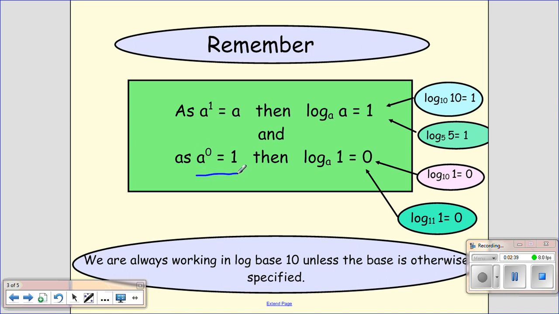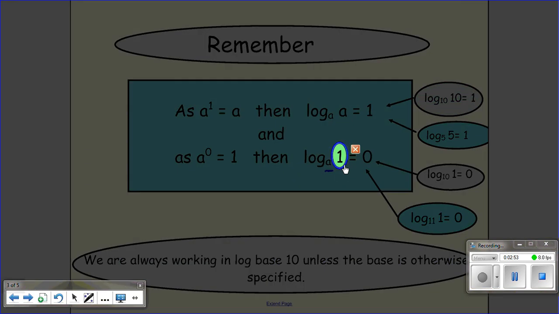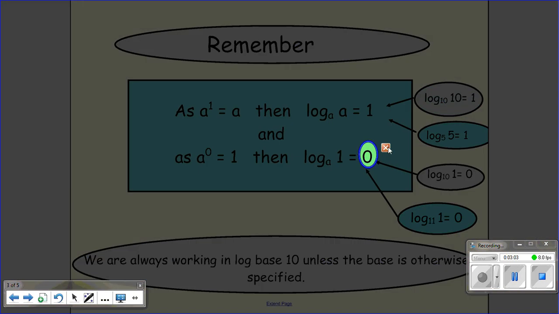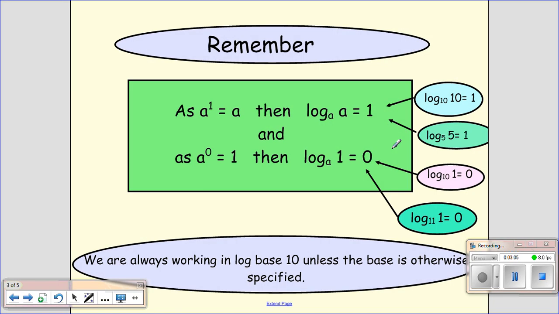Okay, and then the second one I want you to try and remember is anything to the power of 0 is 1. So that means in any base, if I want to get the answer of 1, I need the power to equal 0, because anything to the power of 0 gives me 1.